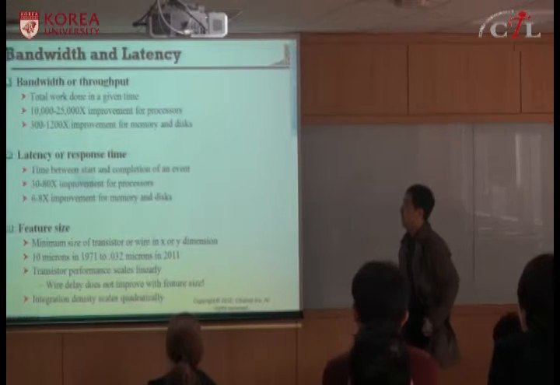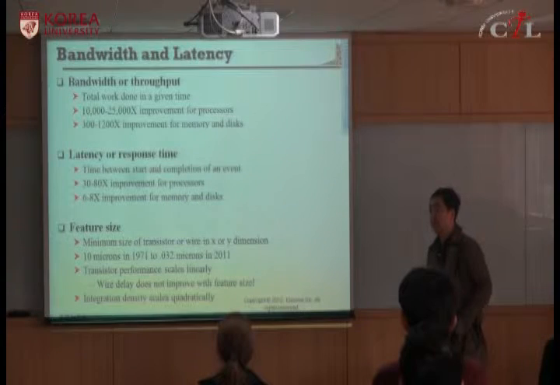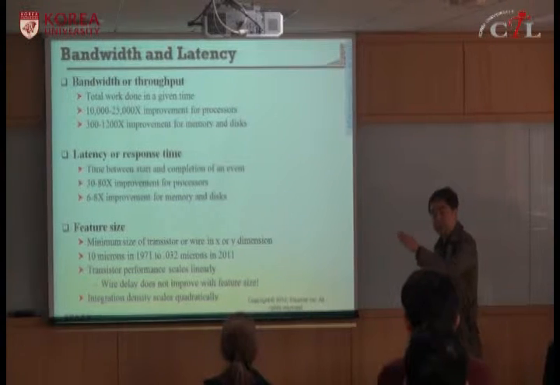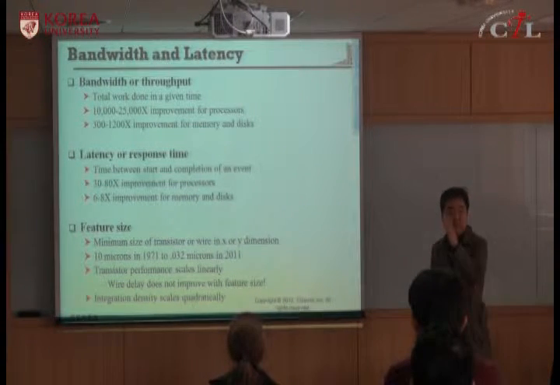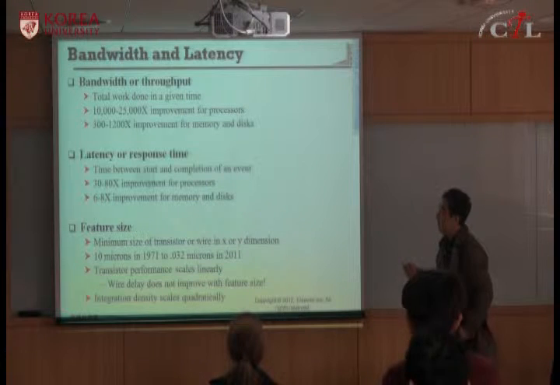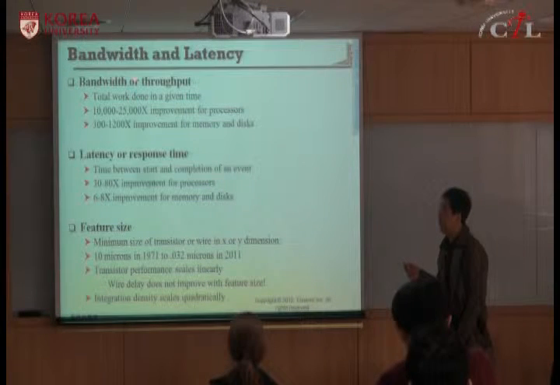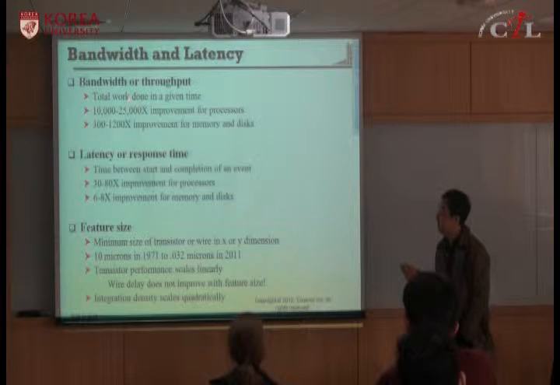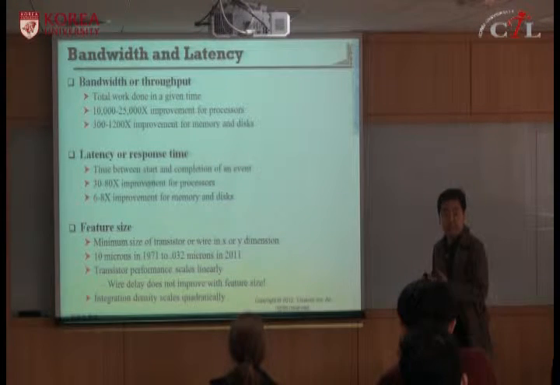So technology trend, you can view them in two ways. One is the bandwidth trend, and the other is latency trend. Bandwidth, or sometimes it's also called throughput, is total work done in a given time.